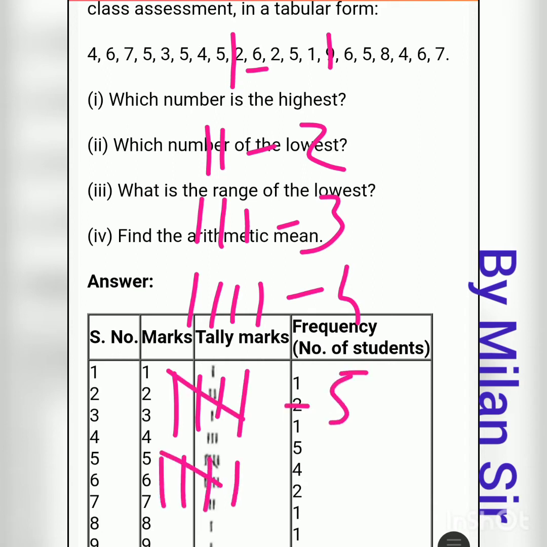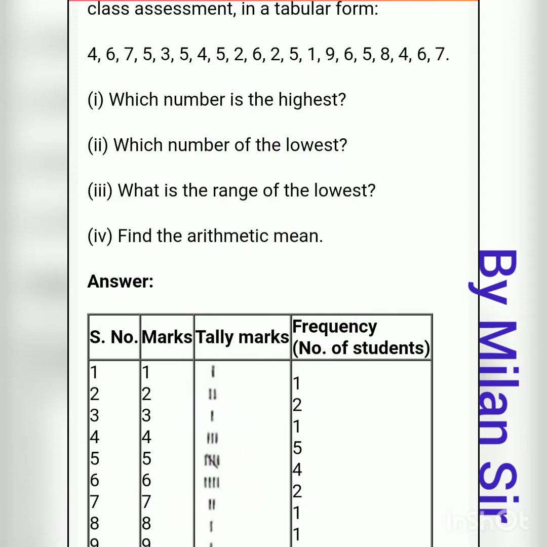Now 1 2 3 4 5, and this is 6. Again start from 1. So we have 5 times 5: 1 2 3 4 and a cross line, so this is 5, and the integer number is 5.